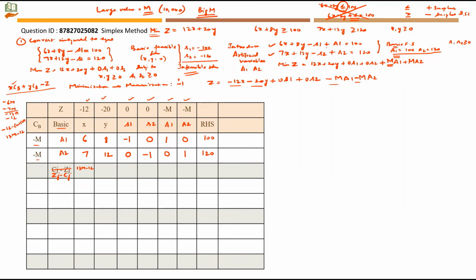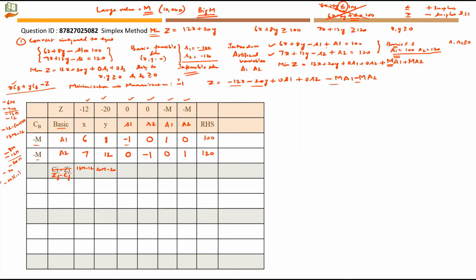Now we will calculate for the next column. It is minus 8m and minus 12m, giving a value of minus 20m, then minus 20. So minus into minus 20m will give plus 20m. This is 20m minus 20. Now the next calculation, minus 1 into minus m.